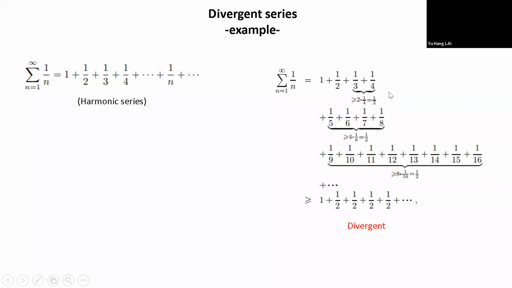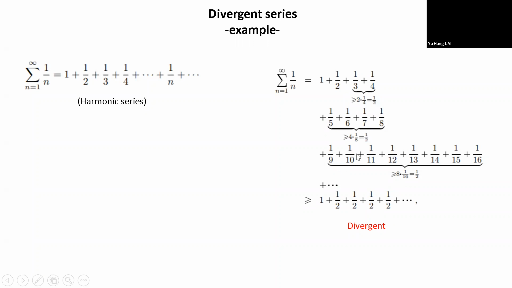Then the next, I'm going to group the next 4 terms together. Same idea: these 4 terms added together have to be greater than, if I just take the smallest term and add it 4 times, 1/8 plus 1/8 plus 1/8 plus 1/8, which is again 1/2.